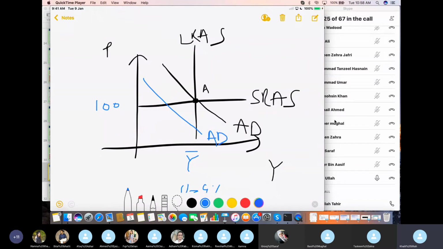And when aggregate demand falls, at the new short run equilibrium point B, GDP falls to a smaller value. The GDP falling is a bad thing. Production of the country has gone down. So whenever aggregate demand decreases because of a shock, it's called a negative demand shock.